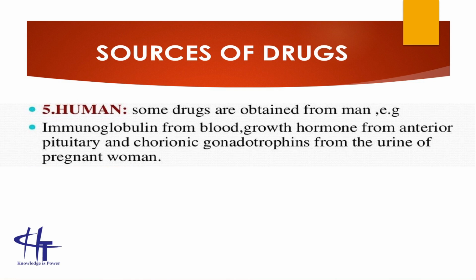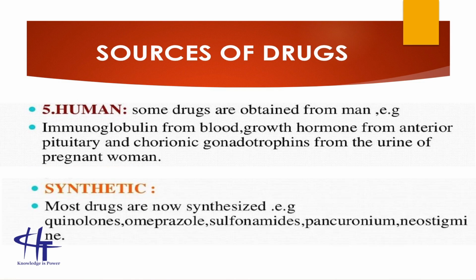But we also have what we call the synthetic. Here, drugs are not made in the natural way, but they are made synthetically from other chemicals. And so most of the drugs these days are now being made synthetically.